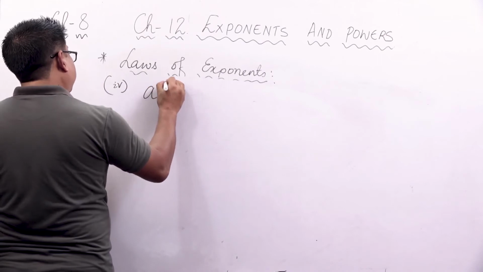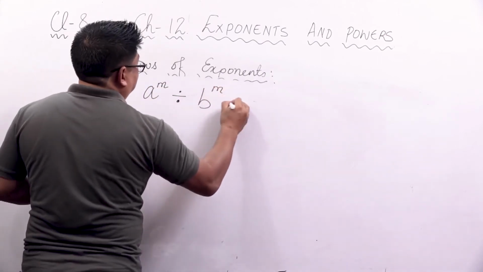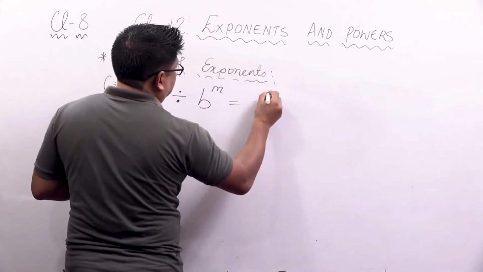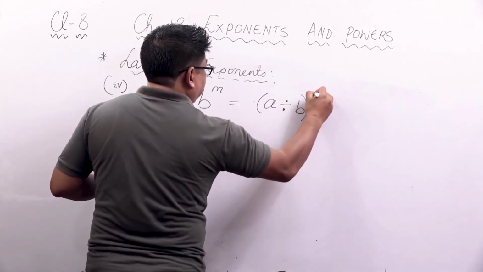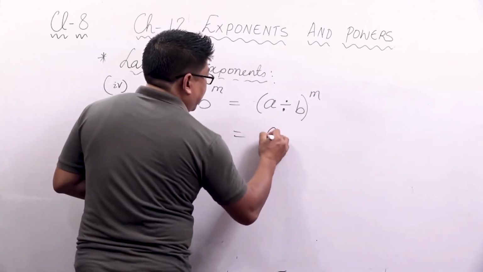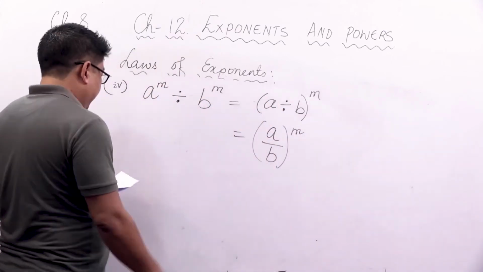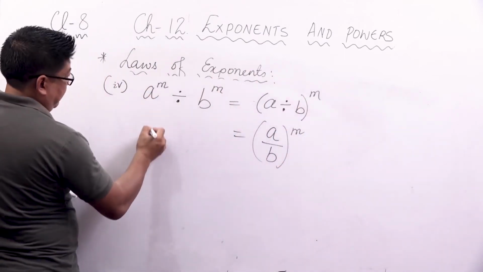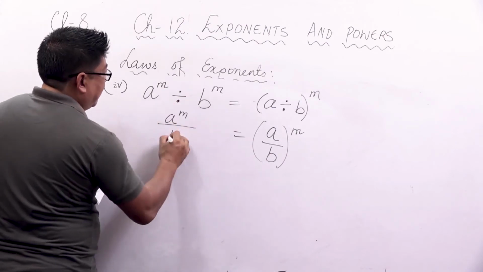The next one is a to the power m, different bases, same power, but now it is divide. So I can write a divide b with common power m, or I can write this as a by b to the power m.